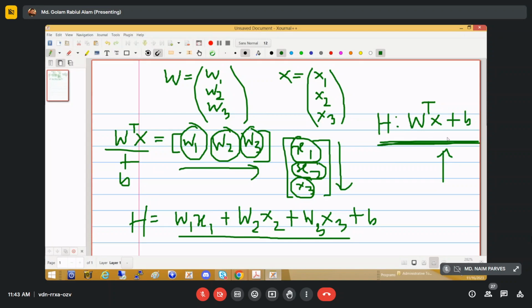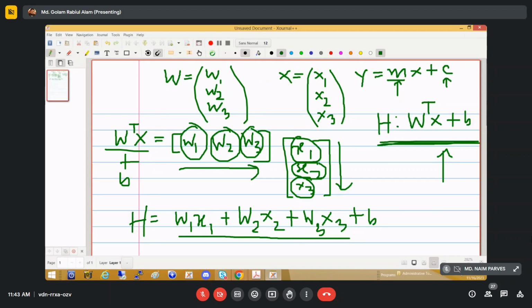But what are the learning parameters here? That means what are the values we need to find out, or what are the values we need to optimize. So usually in a line equation, if we consider y equal mx plus c, just to draw a line, we need to learn the m, we need to learn the c.